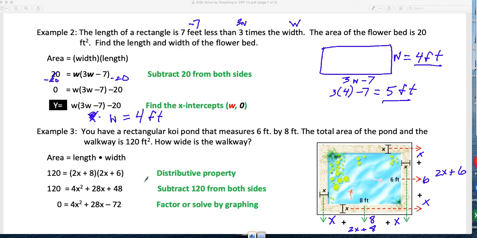All right, so I use the distributive property to multiply this, and then I subtract 120 from both sides, and it gives me that. All right, now let me let you in on a little secret.